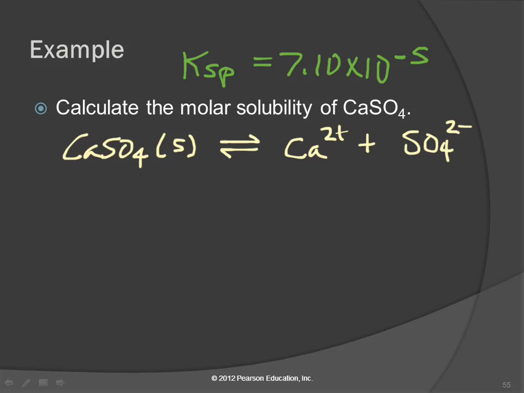It's awesome if you can put the charges on there. Okay, if you can't put the charges on there, you can still do this. What you need to know is when we're looking at this formula, there's one of these and there's one of the other. There's two ions, there's one of each. That's the critical thing. So then KSP equals the concentration of those two products, the calcium ion and the sulfate ion.